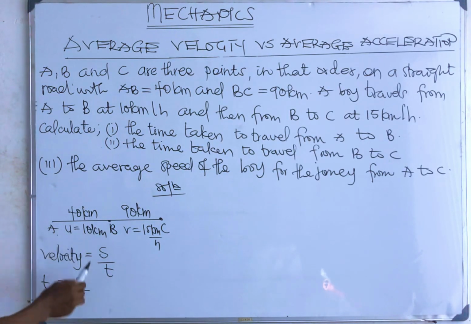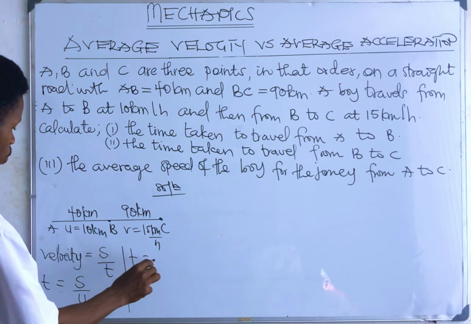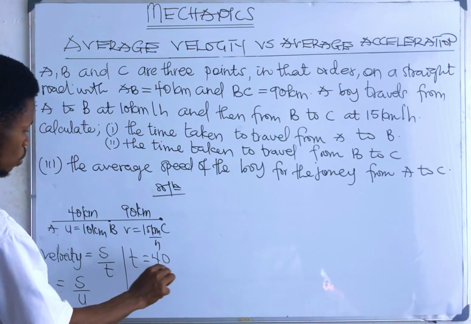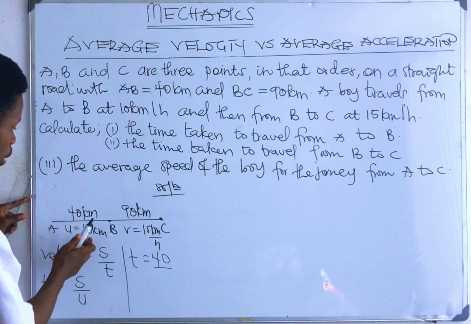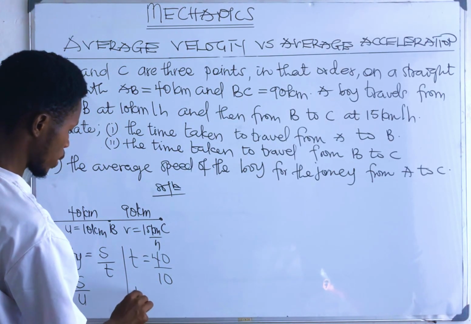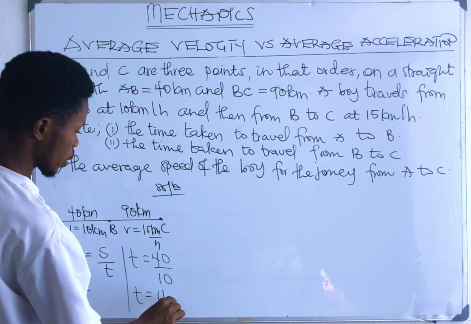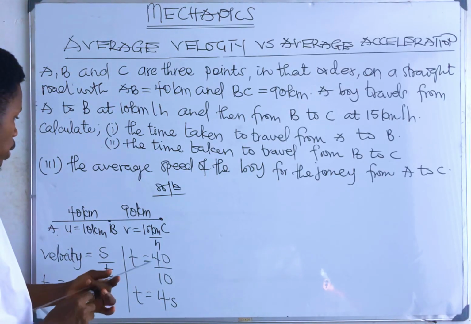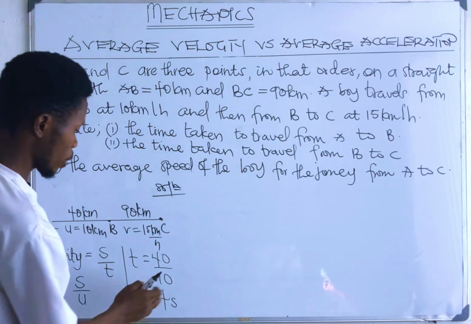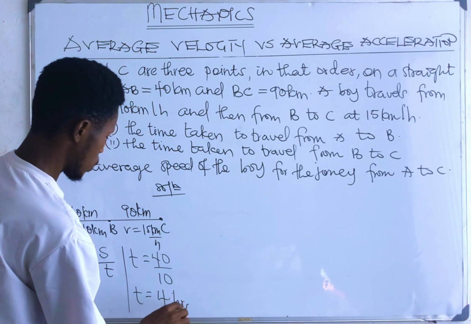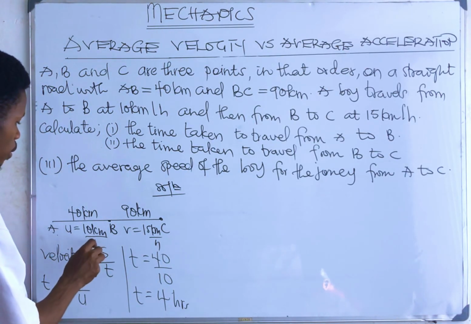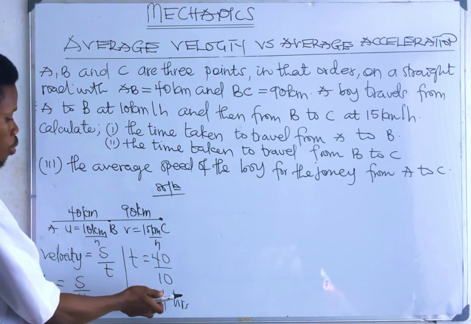In this case, I'm using u. So my time will be 40 over 10, which is 4 hours, because I'm working with kilometers per hour.